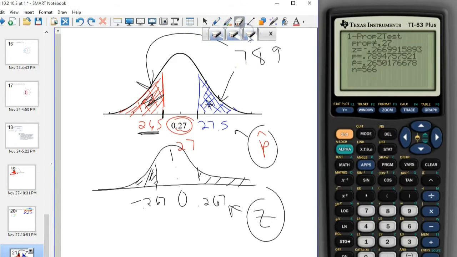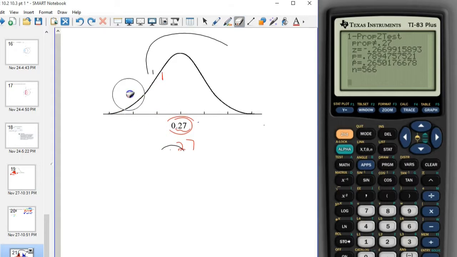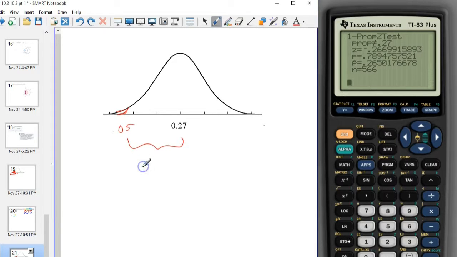Now, hypothetically, this wasn't the numbers, but just hypothetically say, what if we did a sample and instead of 26.5%, we ended up with something like 5% of them were yellow. All right, well, that's a difference of 22 percentage points.